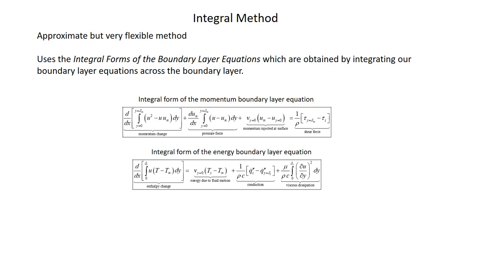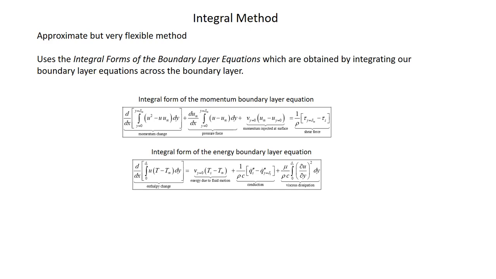Integral methods are what you would sort of resort to along with things like CFD methods if you encounter a situation where there is no correlation that you can use, and they're nice in that they're very flexible.